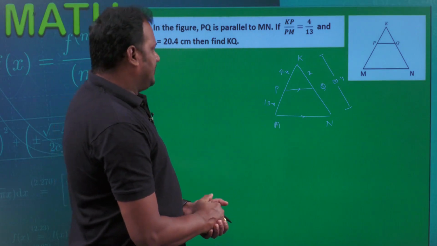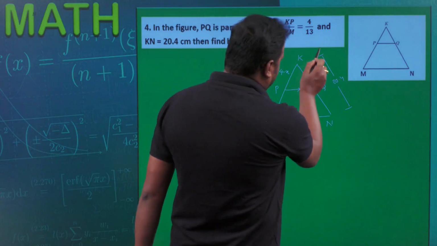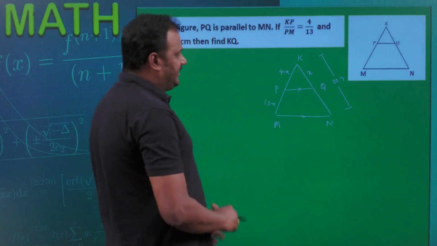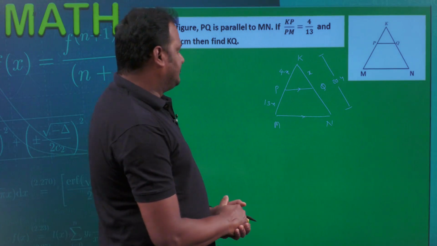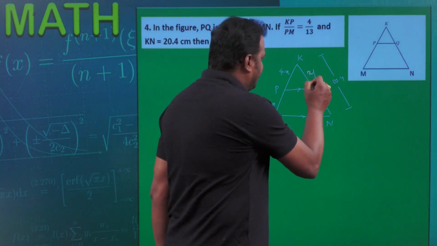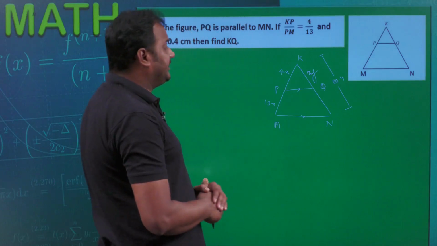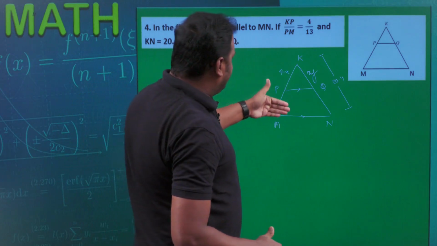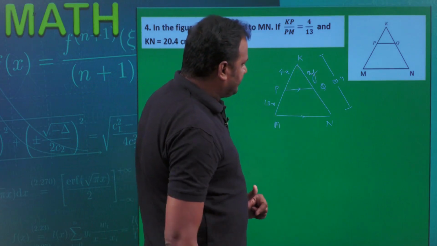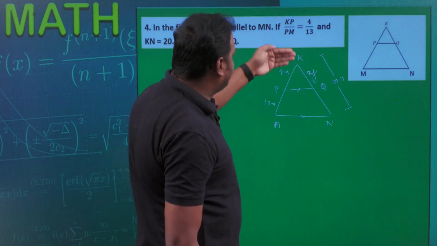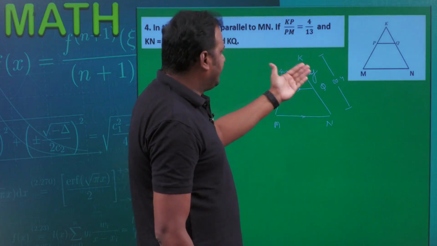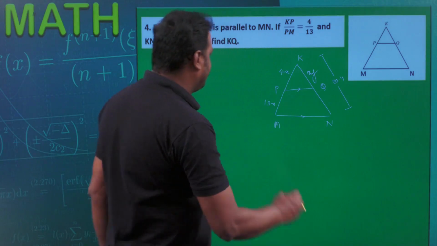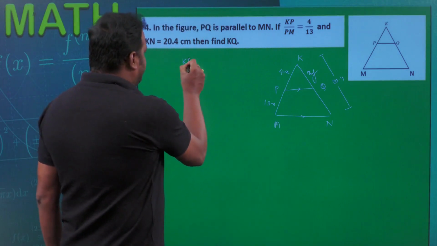So now, if this is 4x and this is 13x and the total is 20.4, then according to the basic proportionality theorem, KP by PM is equal to KQ by QM. Otherwise, KP by KM is equal to KQ by KN. Got my point?